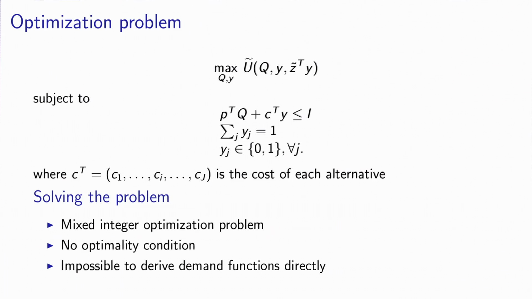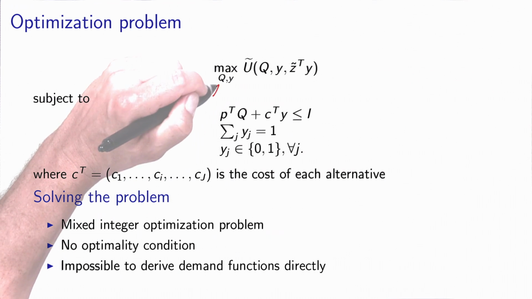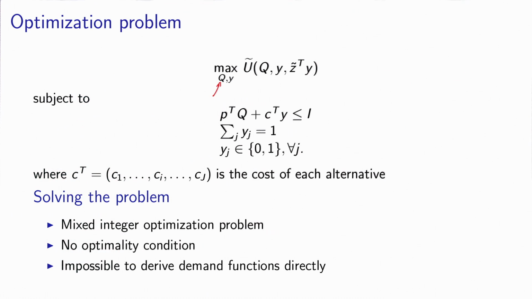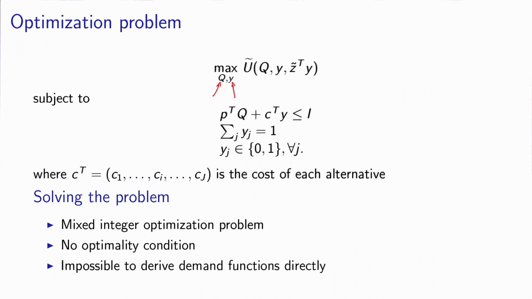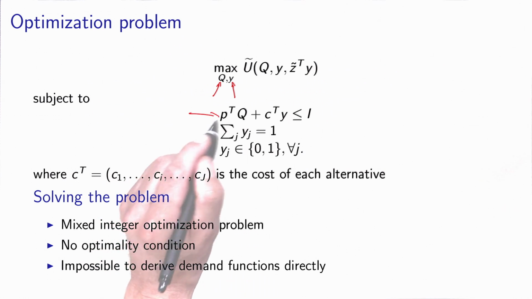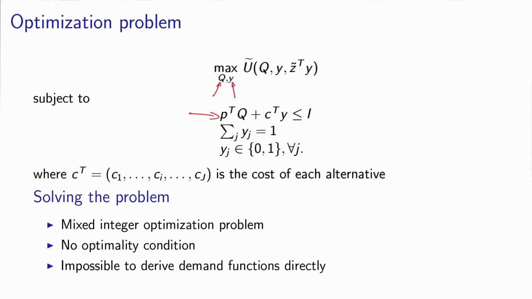And so, again, we have an optimization problem to solve. But now this optimization problem involves two sets of variables. The Q variables are the continuous variables, the quantity of each of the continuous goods to be purchased or to be chosen. And now we have, in addition, the discrete variable, the binary variable that identifies the chosen discrete alternative. The budget constraint is the same, but we have, of course, to take into account the cost of selecting alternative j.